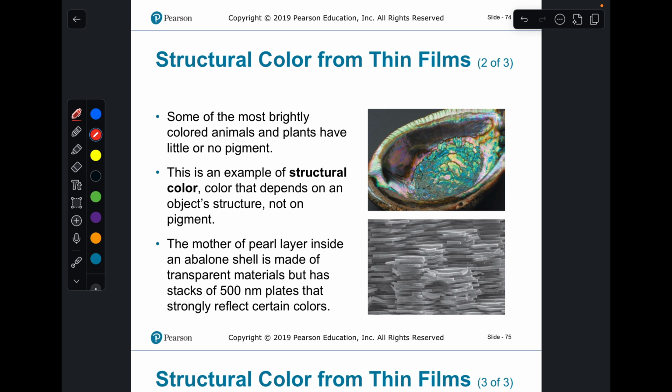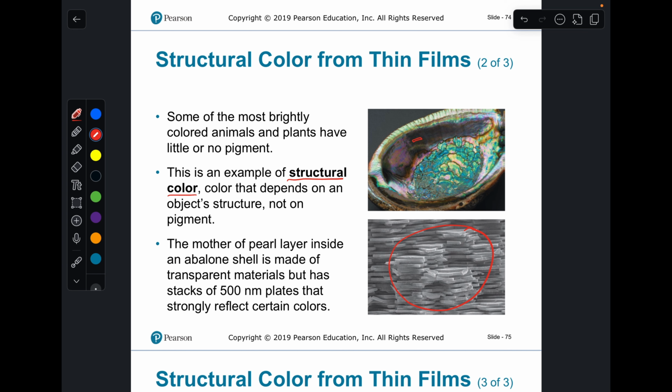Structural color is something like the colors from a bubble or the colors from the layers of pearl in a shell. When you see colors like this and they're iridescent, they are called structural color because they exist due to the material structure. If you were to zoom in on a small piece of this shell, it would actually be clear or white or transparent. It wouldn't actually be that color. Structural color comes from the fact that the object structure is creating thin film interference.